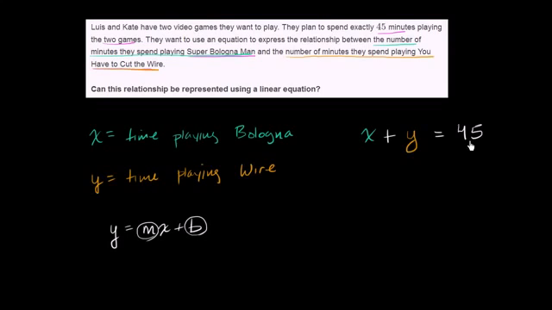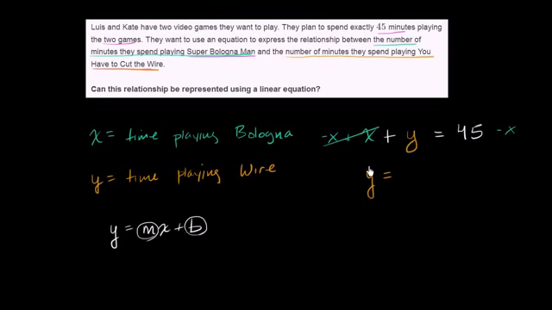Well, if we want to do that here, we could just subtract x from both sides. You subtract x from both sides, so negative x plus this, and then subtract an x there. Well, that's going to cancel, and you're going to be left with y is equal to 45.